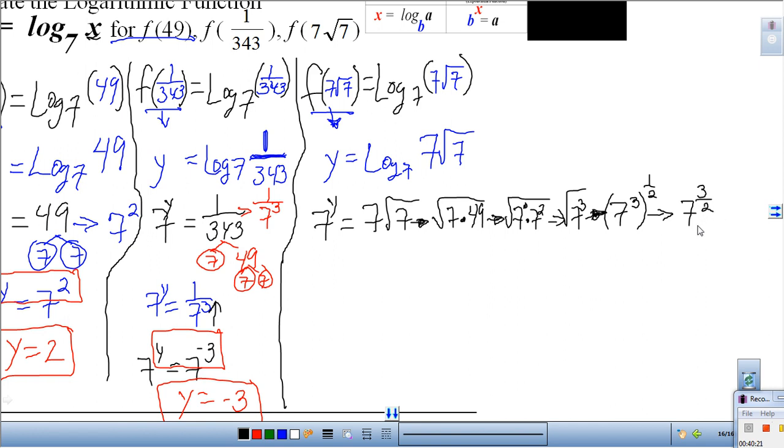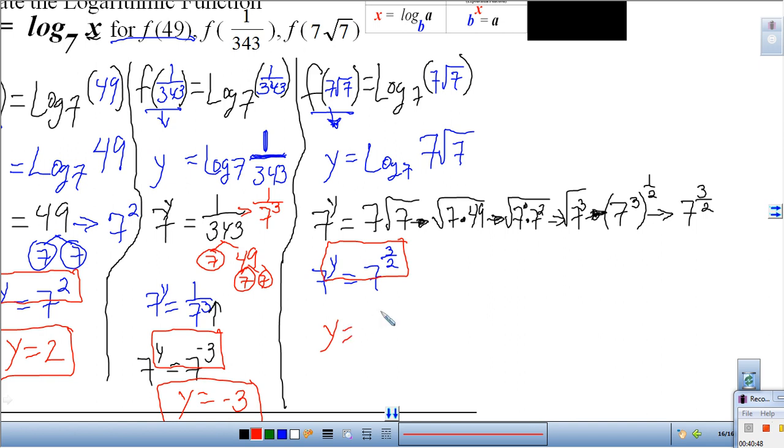Woo, that was kind of long, but we practiced that earlier, and we've been doing this for a while, I'm just bringing it back. So now this is this side, and the other side is like this. Let's rewrite it. So we end up with 7 to the y power equals 7 to the 3/2. So therefore, last step, set the exponents equal to each other.